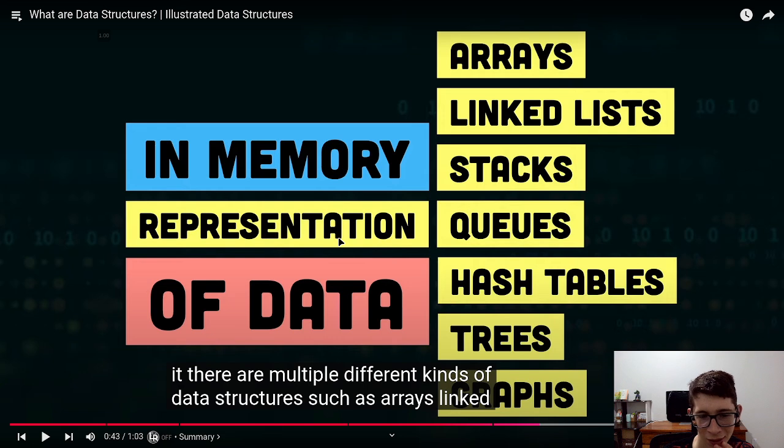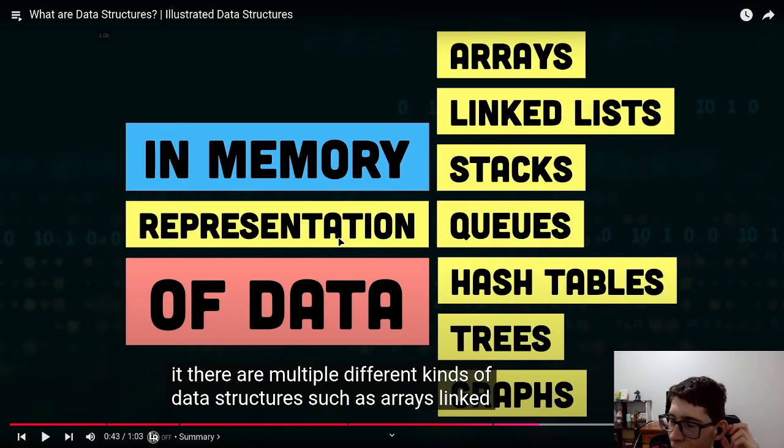Alright, we have multiple different kinds of data structure. So array, list, tree, hash tables are all different kinds of data structure. Each type of representation has specific properties and methods.